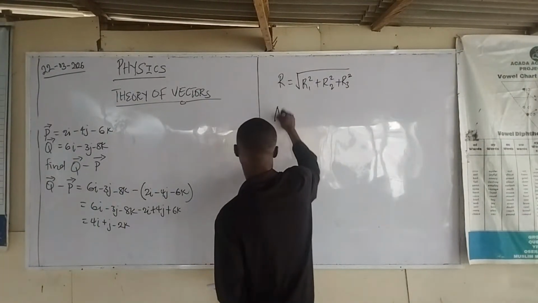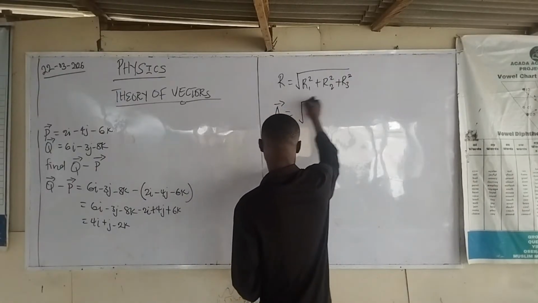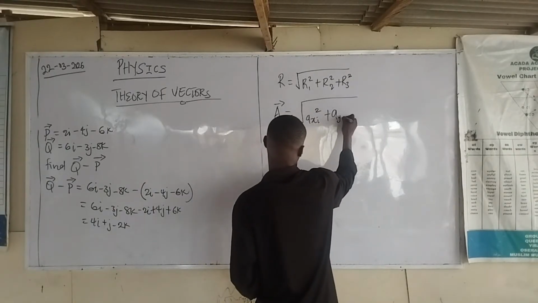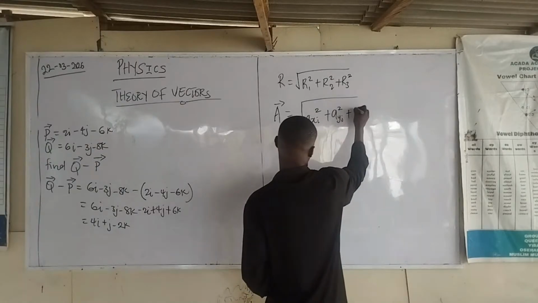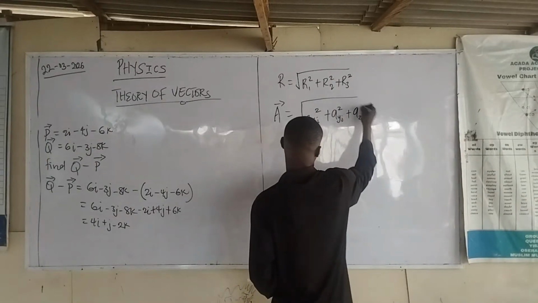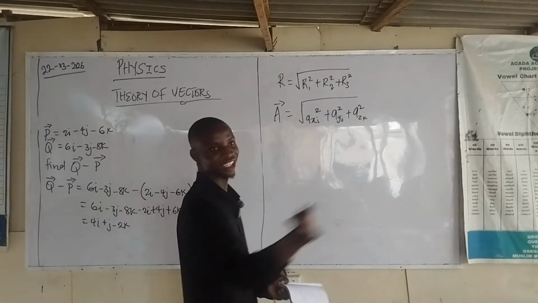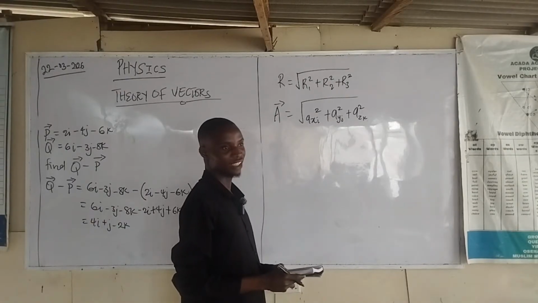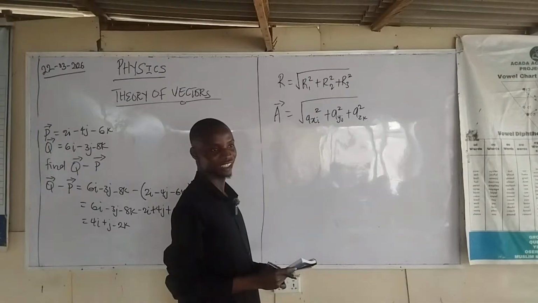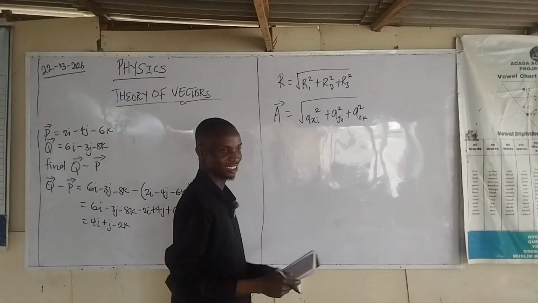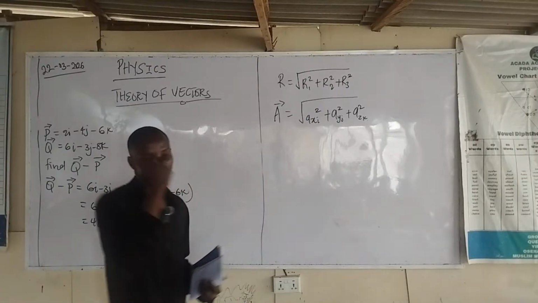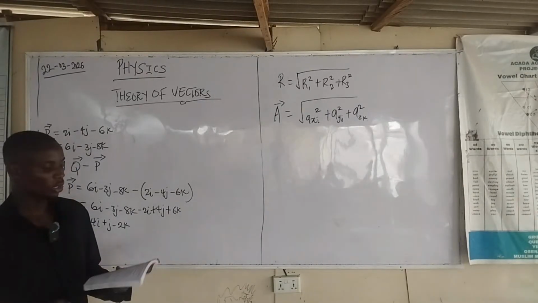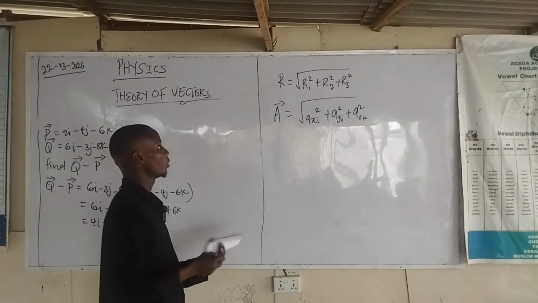Now for vector A, it will be the square root of AX squared plus AY squared plus AZ squared. Alright, so now for magnitude of a vector in 3 dimensions, this is the formula we'll be applying.